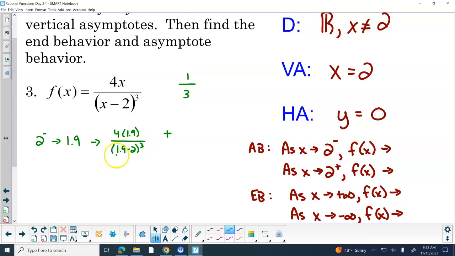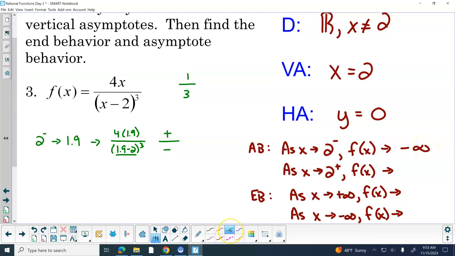This right here is going to be negative, correct? Negative cubed is still negative. Positive divided by a negative is negative. So that's like the negative infinity.